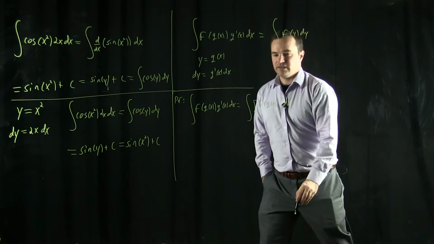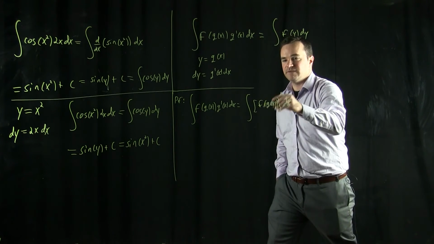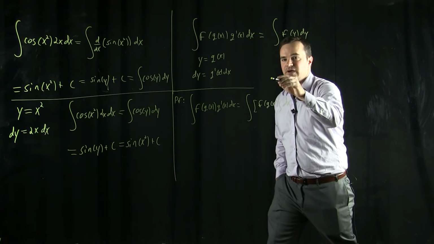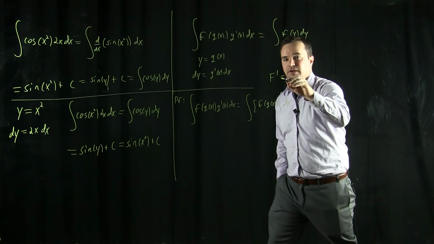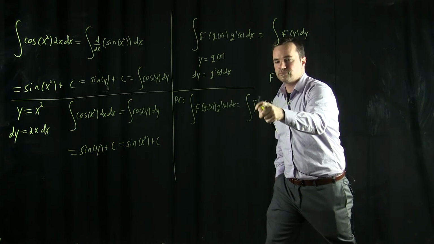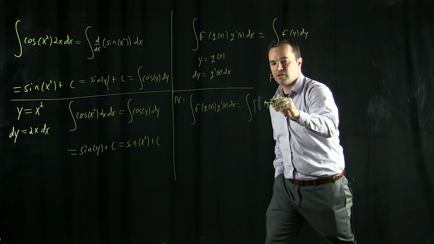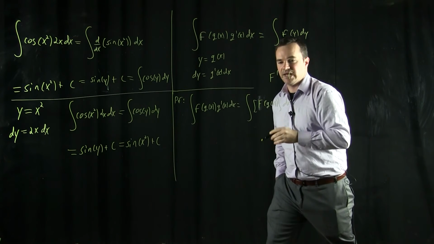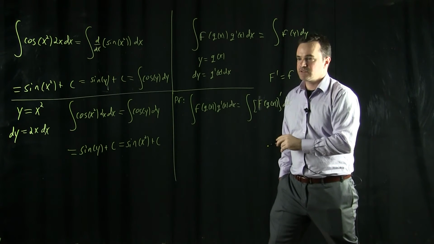Although I guess that's not exactly the derivative, right? Because what you'd have to say is, say you have an antiderivative, like capital F prime is equal to f. Let me just change that a little bit. It's no big deal. So this works when your function has an antiderivative, which will always be true in this class.